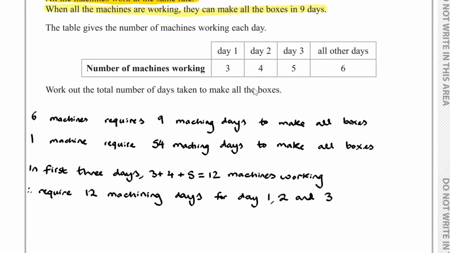And with this information, we now need to find out how many machining days we require for all the other days. So the remaining machining days, that's equal to 54 minus 12, which is 42.